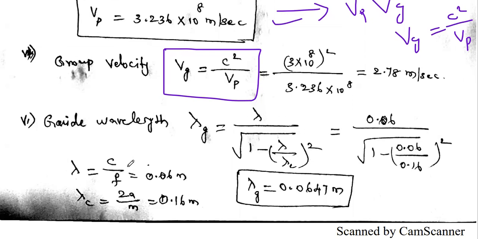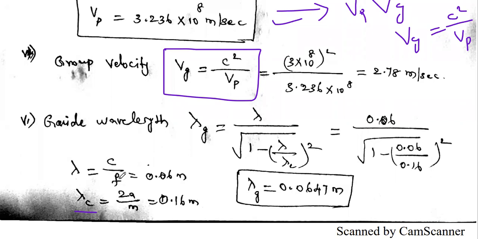So what is lambda? Lambda is the wavelength, c by f. So c is 3 into 10 to the power 8, f is the operating frequency 5000 megahertz. If you substitute, you get 0.06 meter. And the cutoff wavelength is nothing but 2a by m, or c divided by fc.